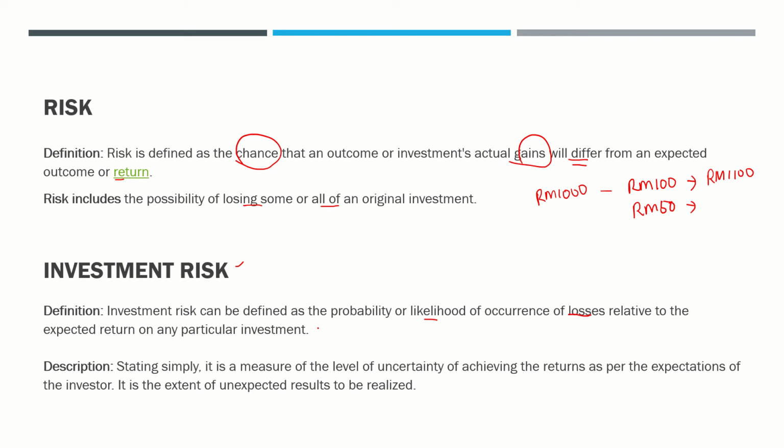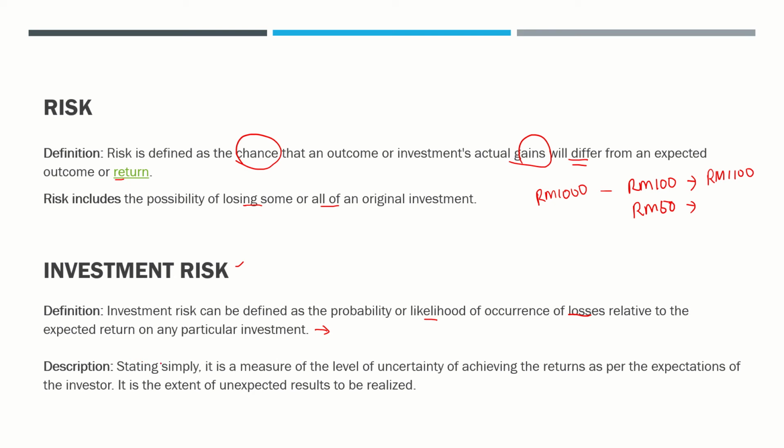So, investment risk ni, apakah risiko-risiko yang terlibat terhadap pelaburan yang diambil? Dan pelaburan ni ada pelbagailah risiko dia. Ada yang tak ada risiko, ada yang risiko rendah, ada yang risiko tinggi.